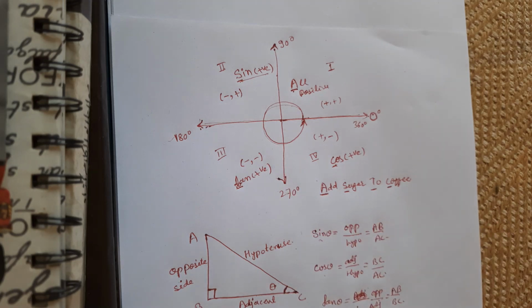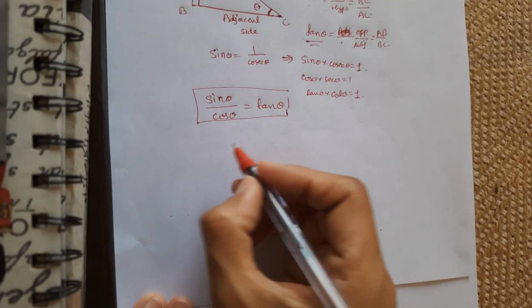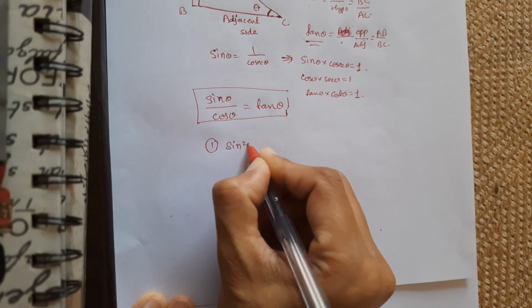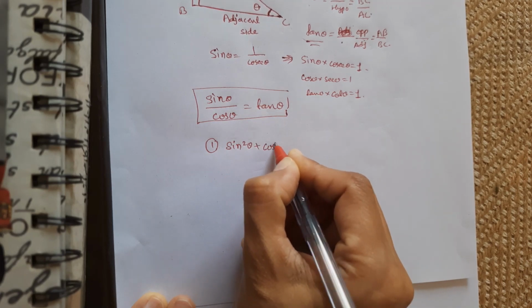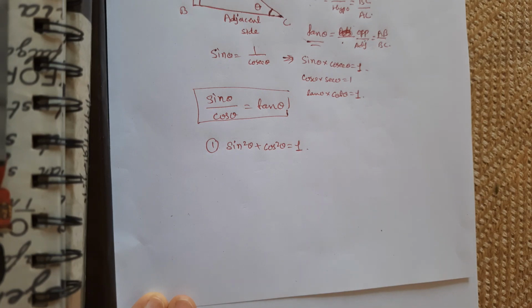Now some basic identities that you already know. The one identity that you know and solve questions on is sin square theta plus cos square theta equal to 1, the well known identity.